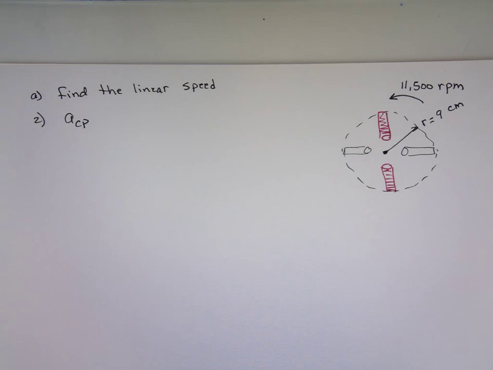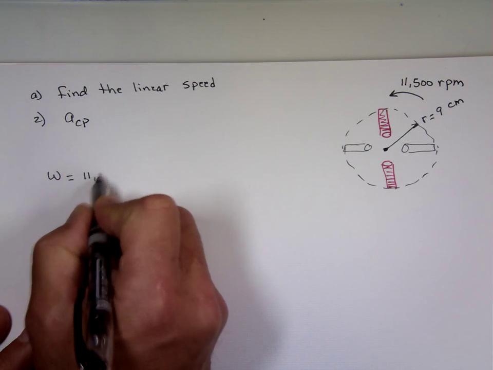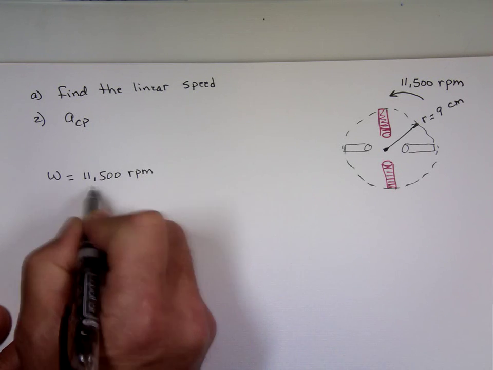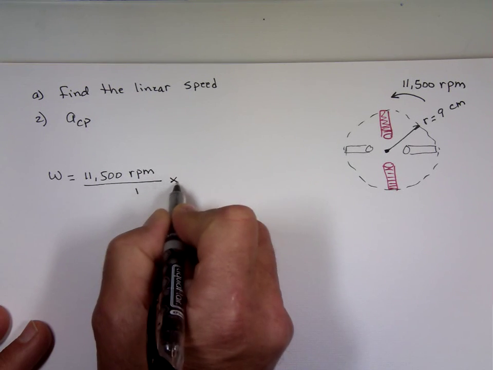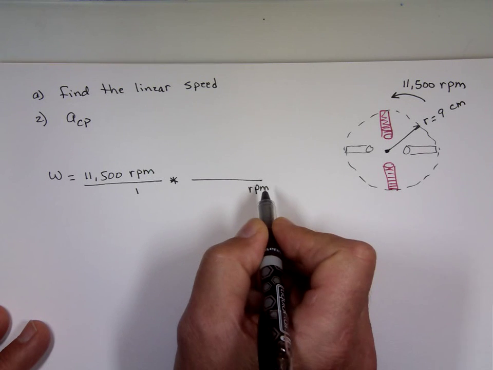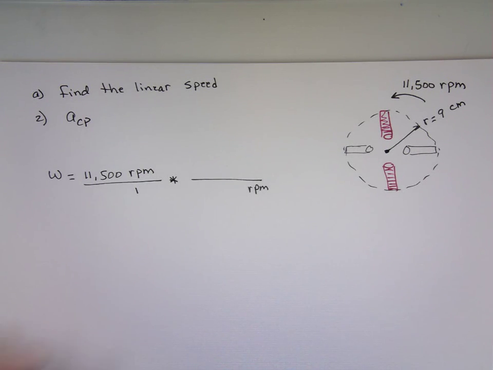Again, we got a little problem. RPM is the speed, W in RPM there. We don't like the RPM. So what's W then? W is equal to 11,500 RPM over 1. I need to convert that. Well, I can't do it in one shot, so let me do this.